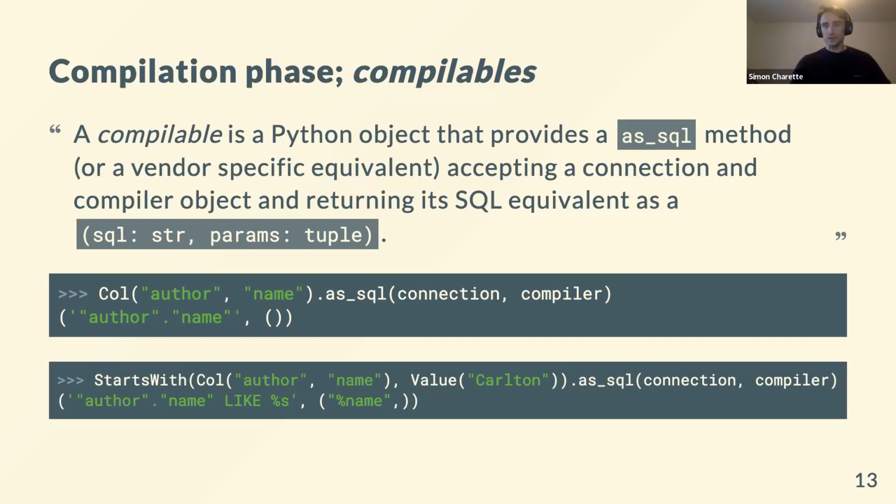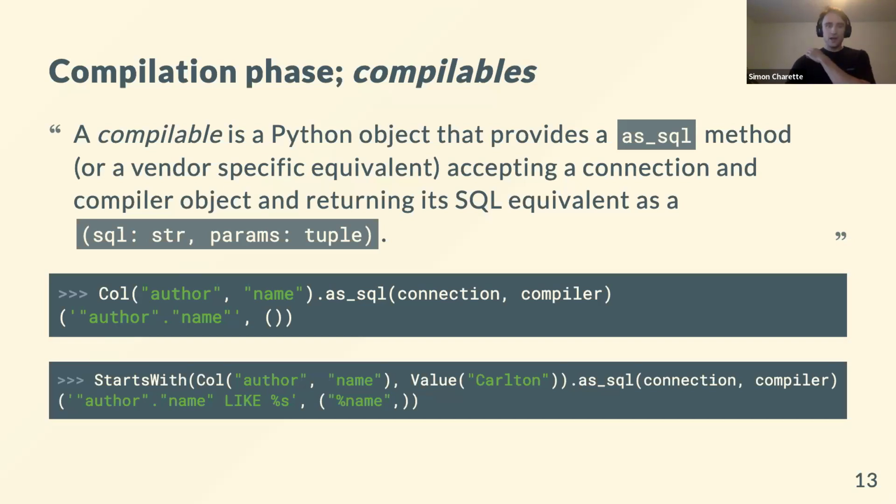In this case, you see the table name is wrapped in quotes, and the column as well. In the case of a column, there's no parameter, so there's no literal value that we want to pass to the backend. So the params with the SQL is an empty tuple. If we look at the StartsWith lookup, being passed the column and the literal value, when it compiles, it's going to be recursively compiling its constituents.